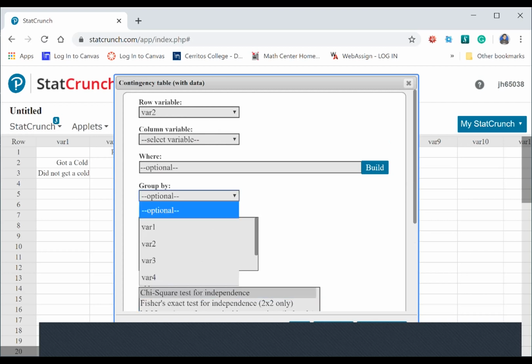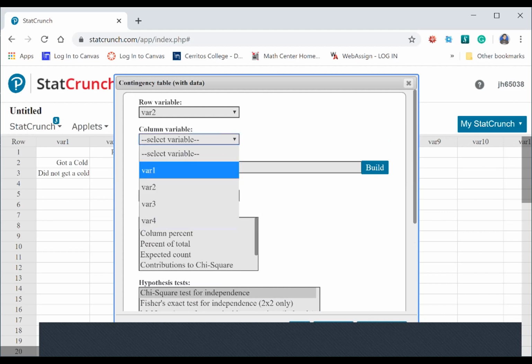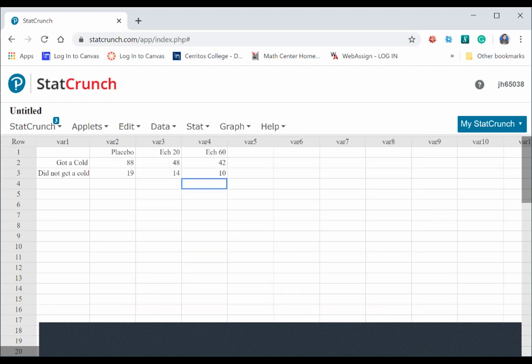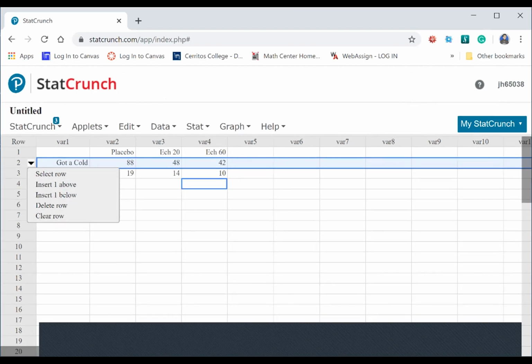Okay, so group by, I don't care about that. var2, right? And then select column variable. var2 is the, okay, so 2, right? So delete row. I gotta watch the thing again.